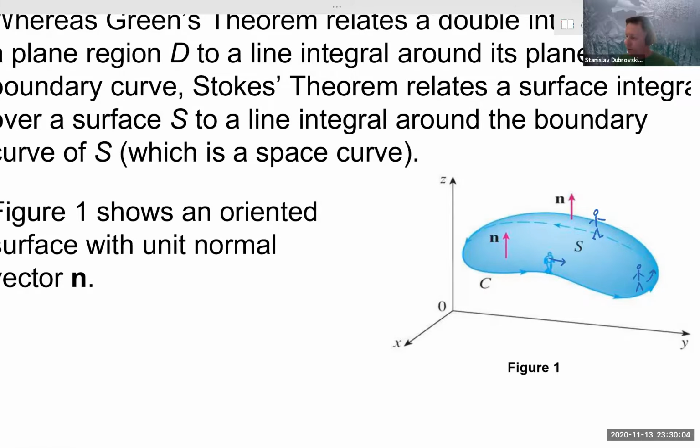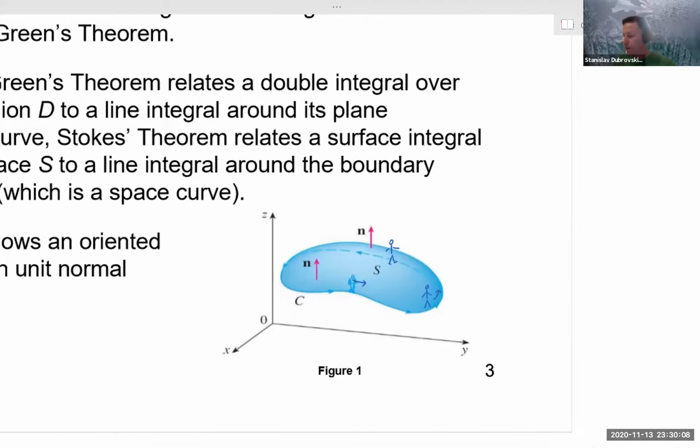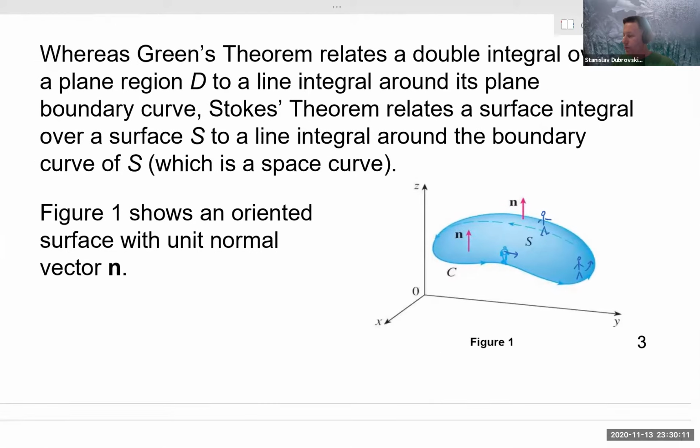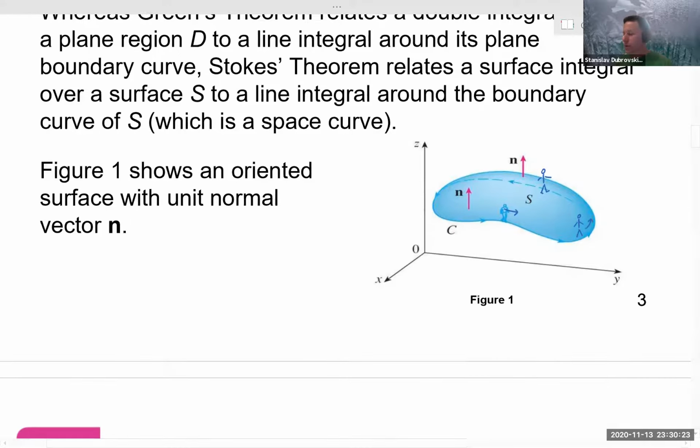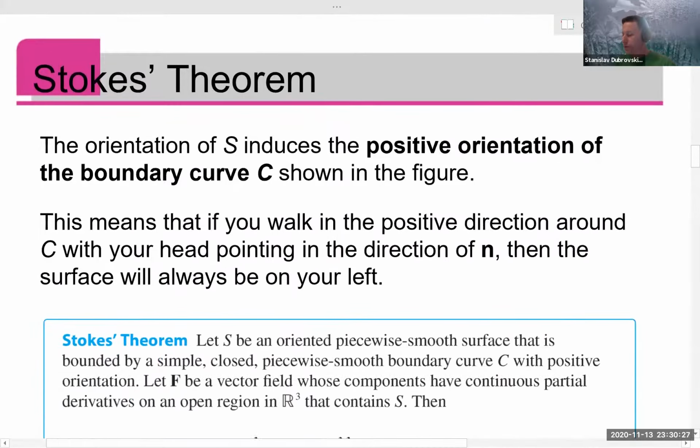And even though it doesn't give us a particular parameterization on the boundary, it tells us that the parameterization we choose to calculate the boundary integral has to be of a certain orientation, compatible with the orientation on the surface, or induced by the orientation on the surface.